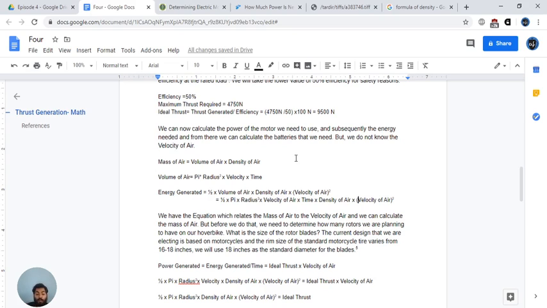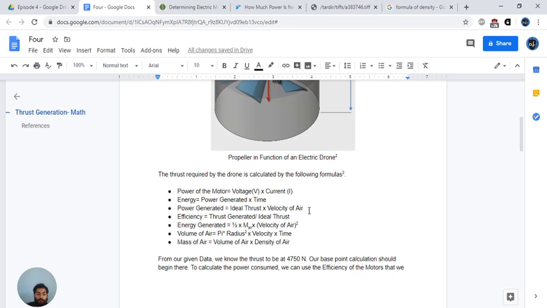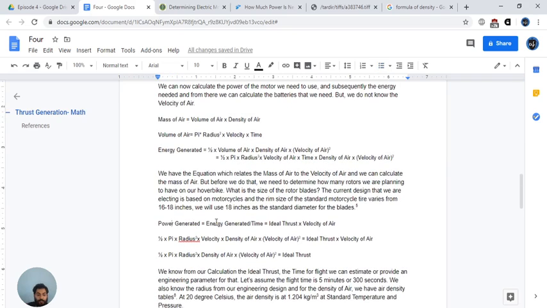But what's the equation that relates velocity of air and thrust? An ideal value of power generated. And energy equals power generated times time. Okay? So power generated equals energy generated over time. And power generated also equals ideal thrust times velocity of air.